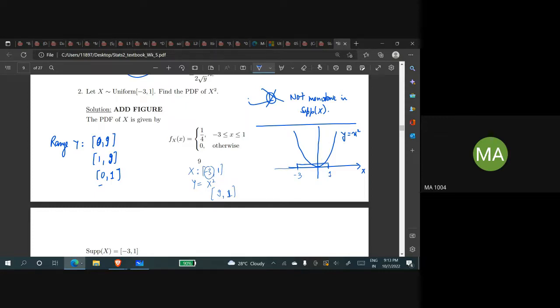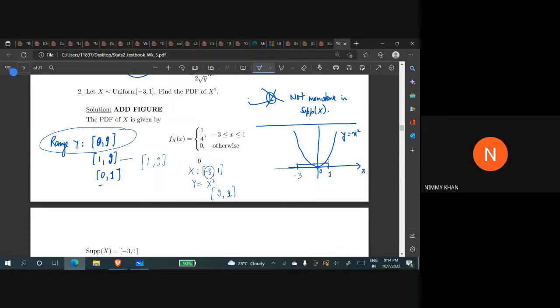Some of you have said that the range of y is 1 comma 9, but you are missing the point that x lies between minus 3 to 1, so you also have 0 here. If you square it you get 0, so you will have to add 0 to 9. So the range of y is 0 to 9. Is it clear why the range is 0 to 9?